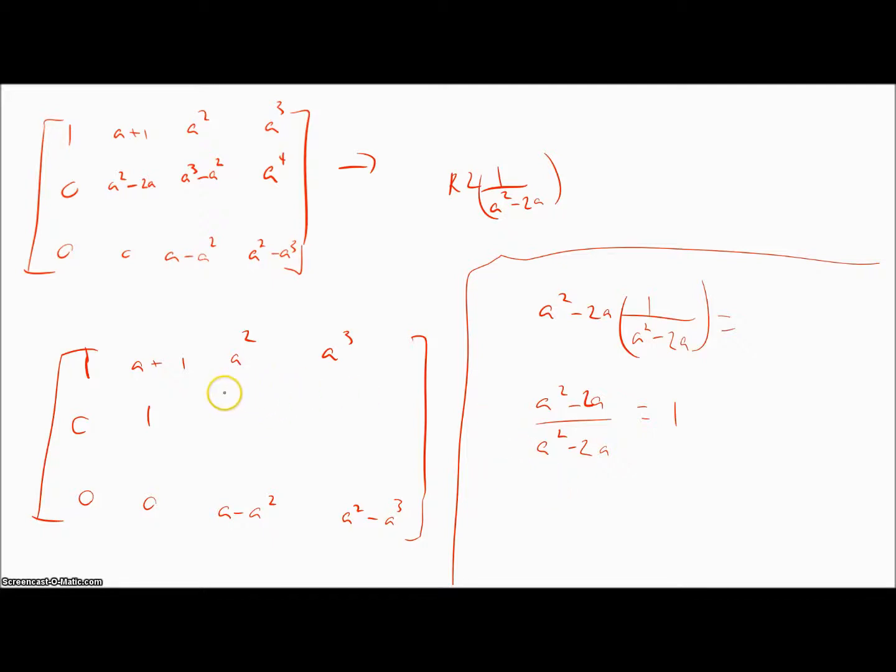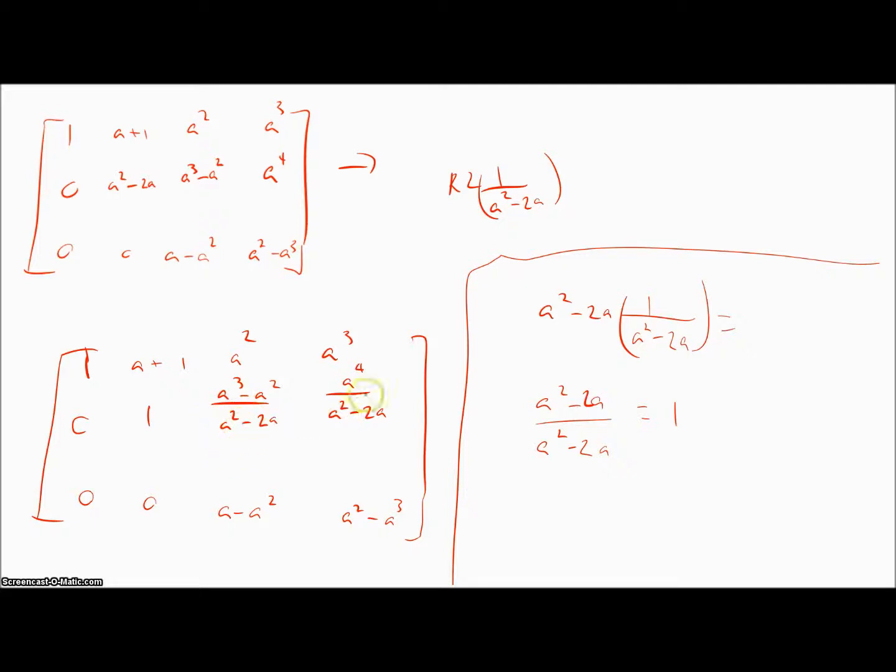The next one, I'm coming up with a fraction, and the key to solving this problem is thinking about what a can be once I get it into reduced row echelon form, where it's about getting zeros on the bottom.